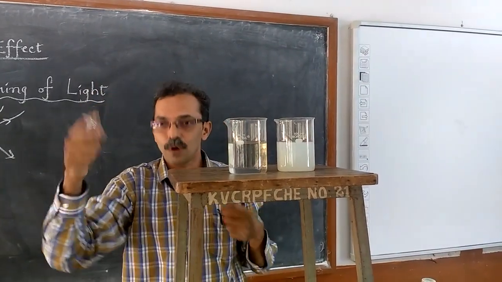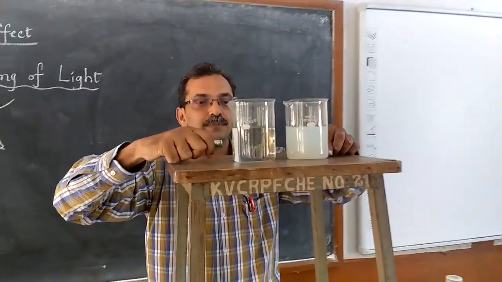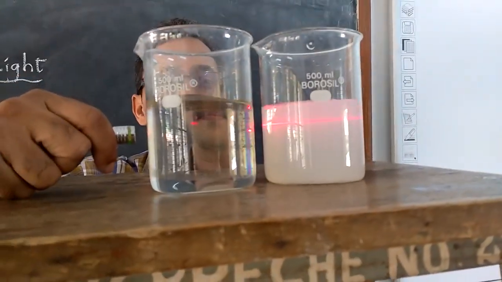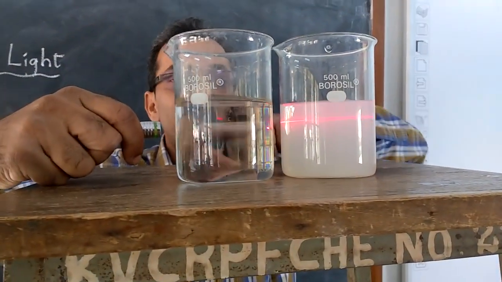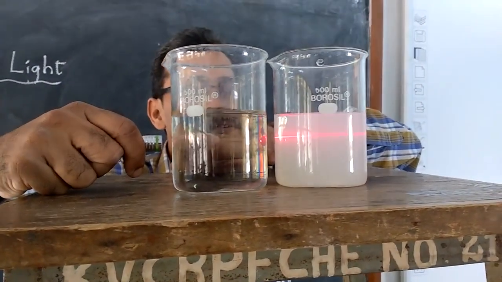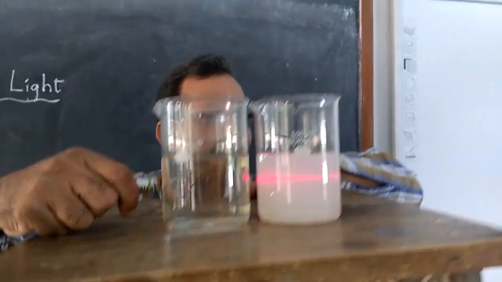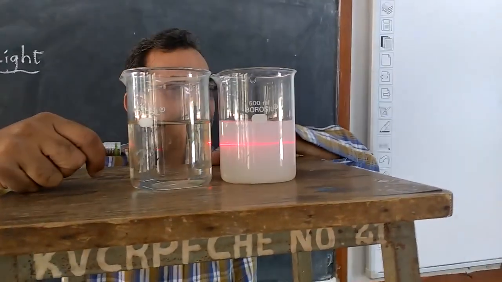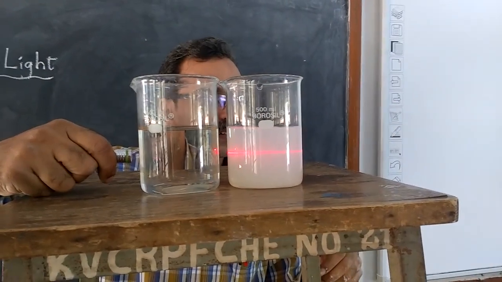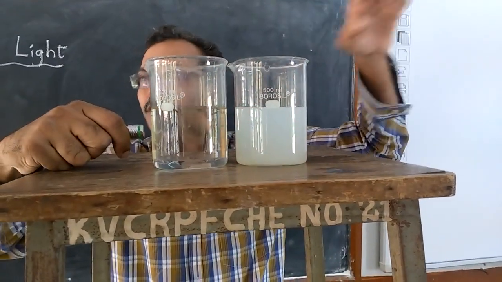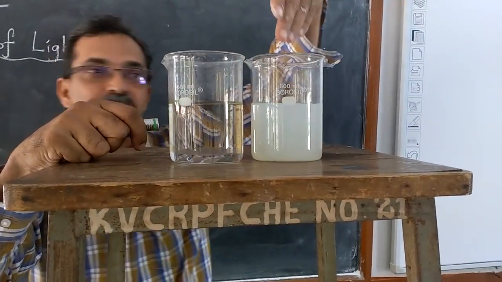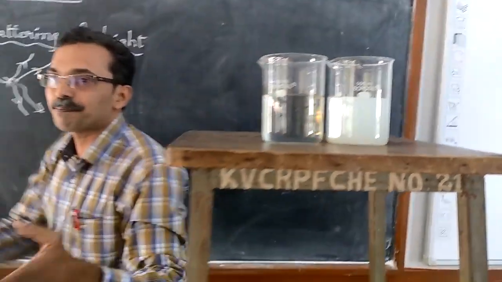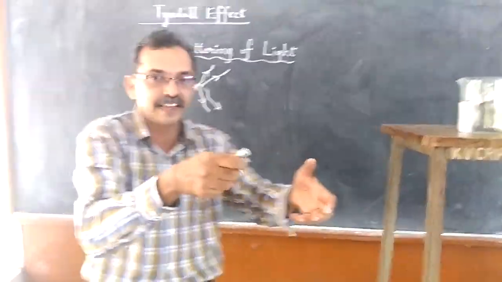Now observe what you can see. Just look at this. Did you observe any path here in the first one? No, sir. Did you observe the path here? Yes, sir. Can you guess what is the reason? In the beaker where Dettol solution is taken, it is a colloidal solution, which means particles are hanging in water.